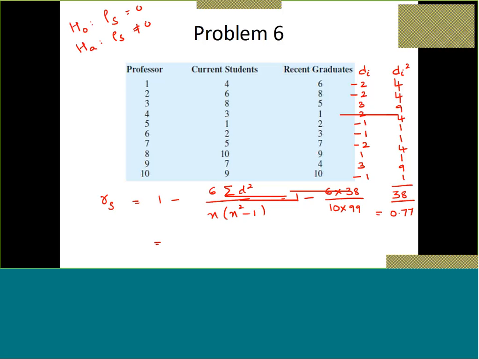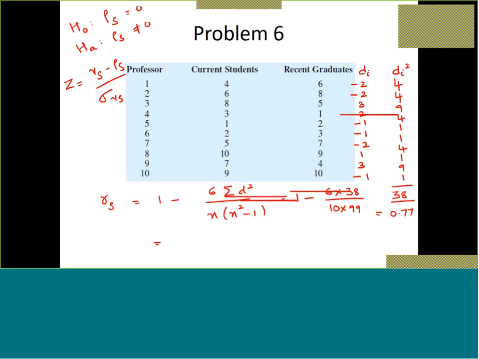So now you need to calculate the test statistic. So what is the test statistic here? The test statistic is Z. Z is equal to RS minus rho S by sigma of RS.